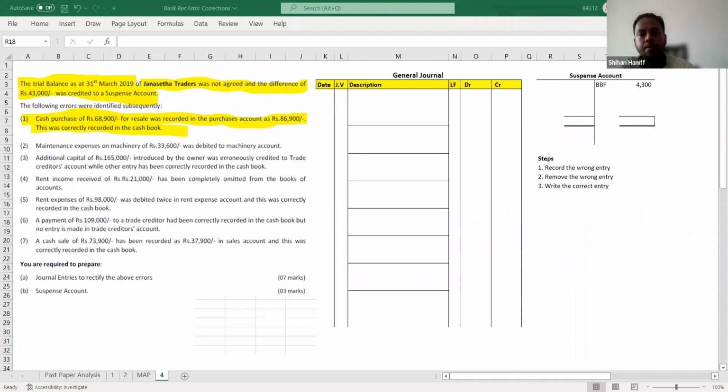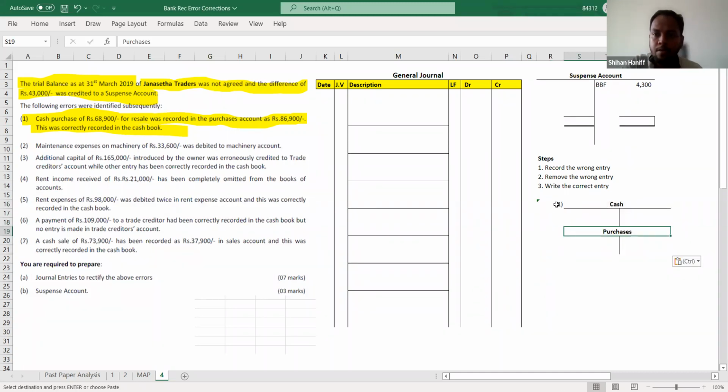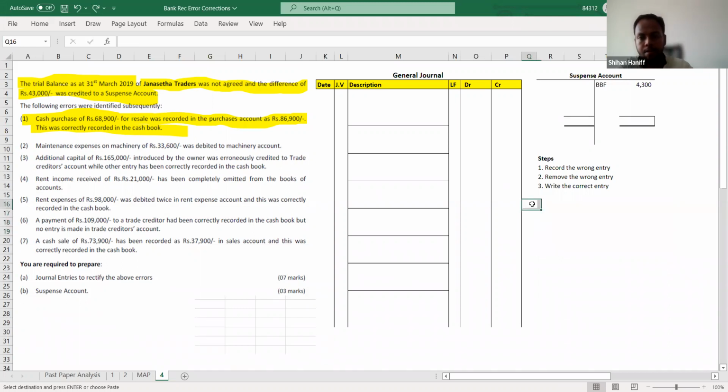We need a cash account and a purchases account. So two accounts: cash account and purchases account.